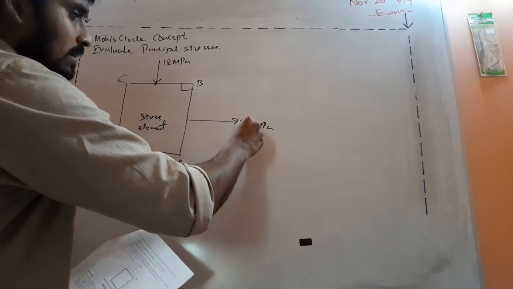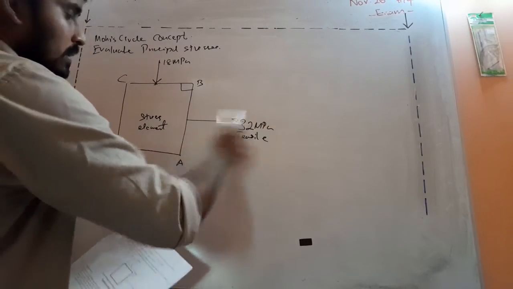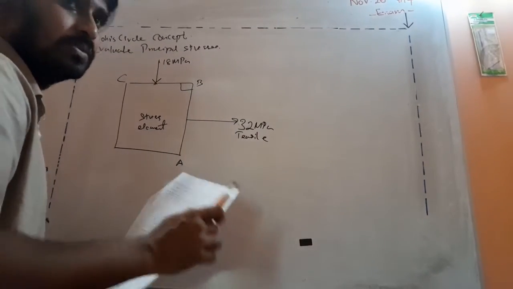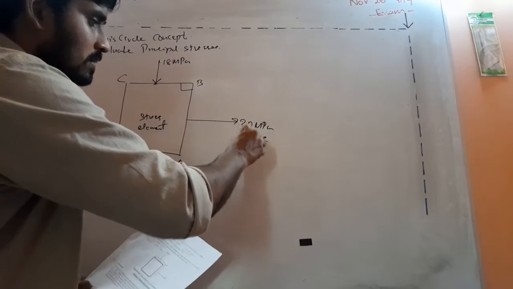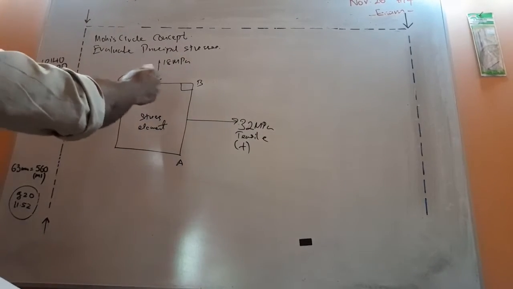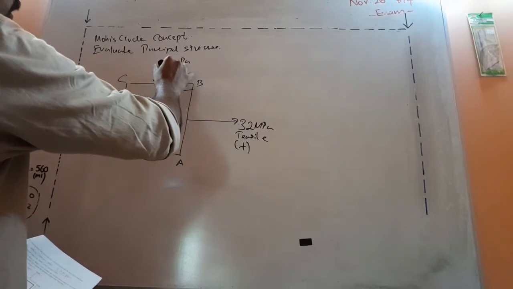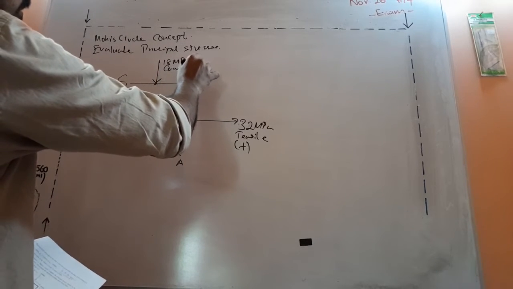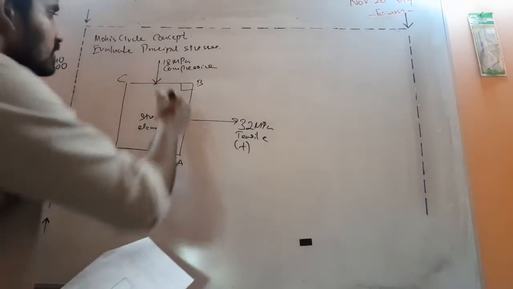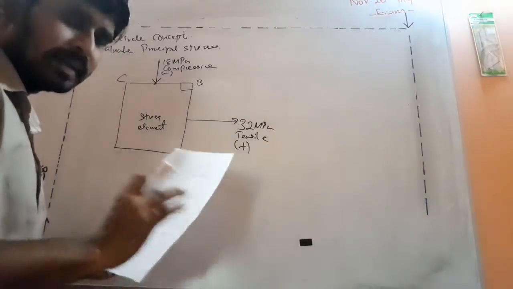This is tensile, and this type of stress we define as positive stress. This is a compressive stress, and this type of stress we define as negative stress, just the sign convention.